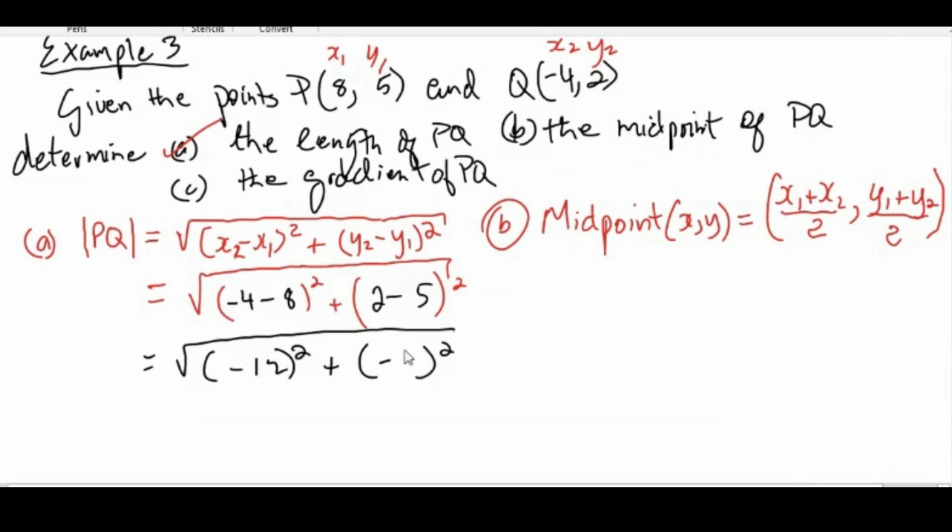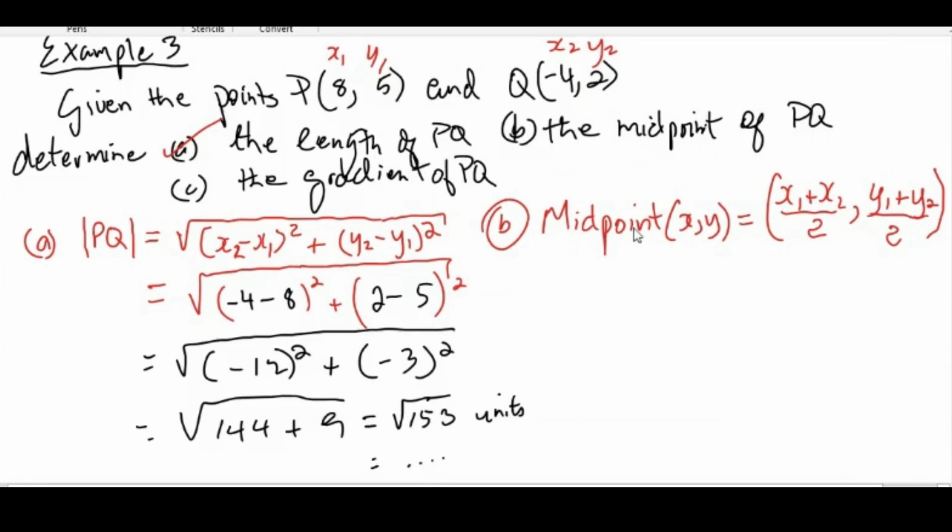This is going to give us negative 3. This is going to give us 144. This is going to give us 9. And this is going to give us the square root of 153, right? And you can work that out with the calculator and get your answer. All right, next, let's do the other one.